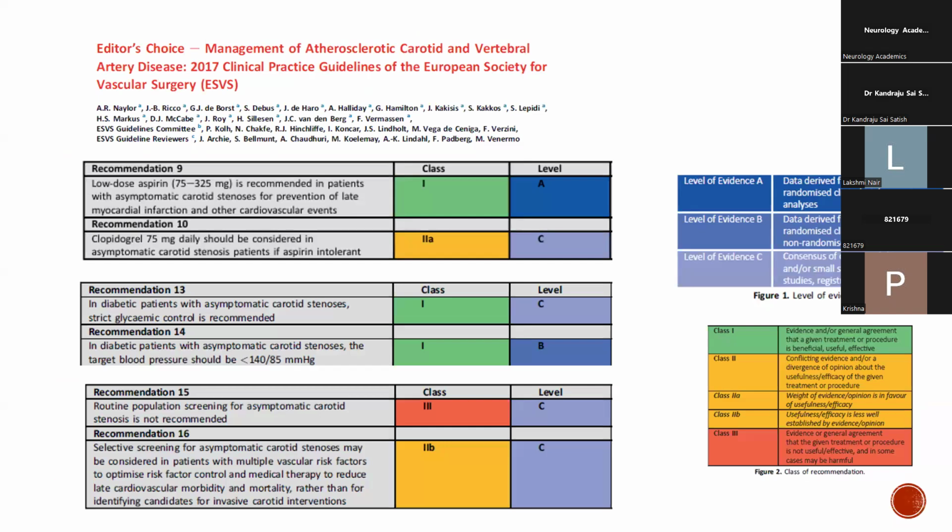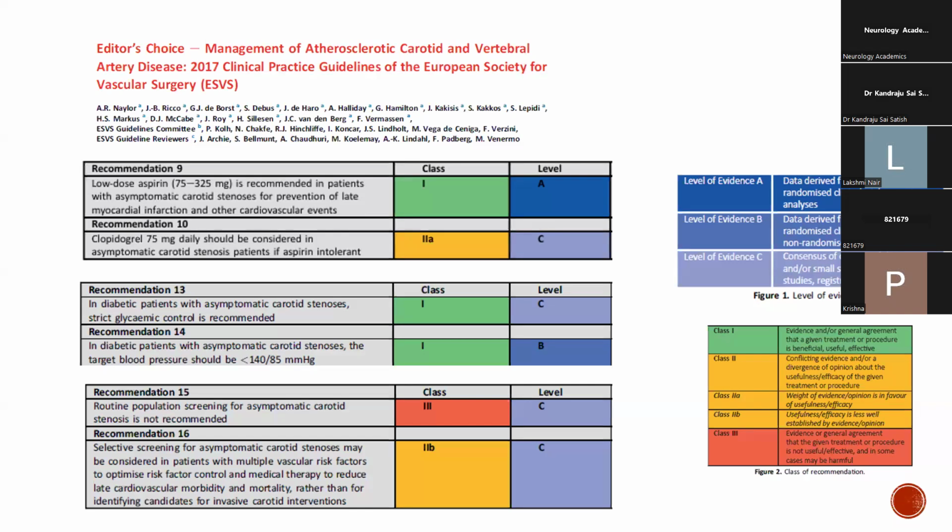There are various trials that have looked into this. For patients with unstable plaque, is surgery or intervention better, and do we have any study?